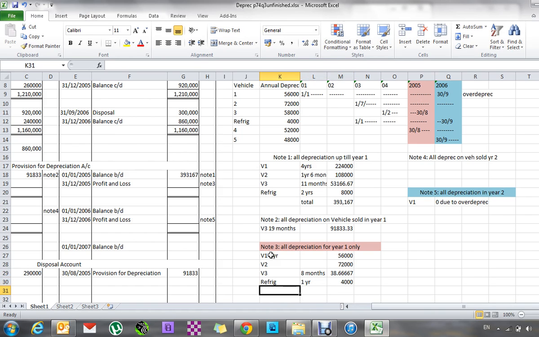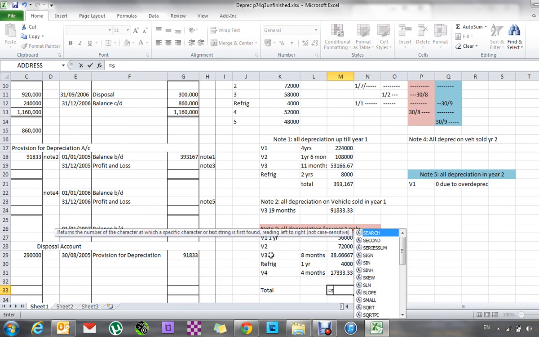And finally we have the first changed vehicle, which is vehicle 4, and we got that on the 30th of the 8th, so therefore we would have had it for 4 months. So that's going to be 52 grand multiplied by 4 over 12.